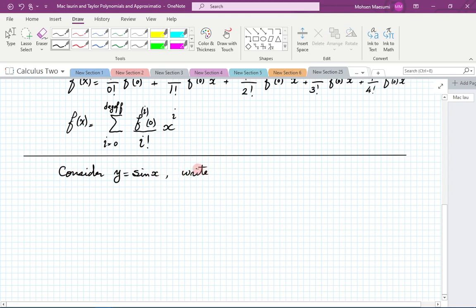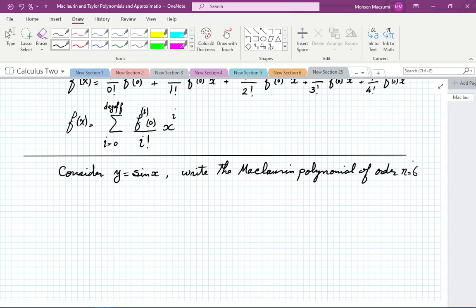Write the Maclaurin polynomial of order, the order is typically captured by n, say of order 6. That is, we are going to go all the way up to power 6 and see what we create. So I start with my function y is sine of x.